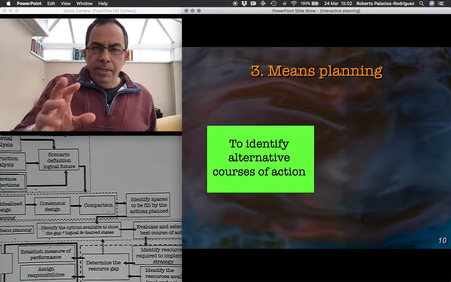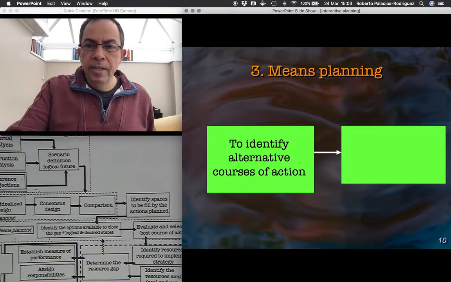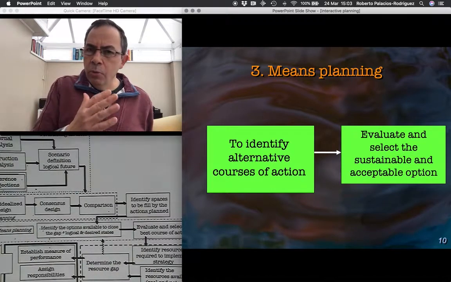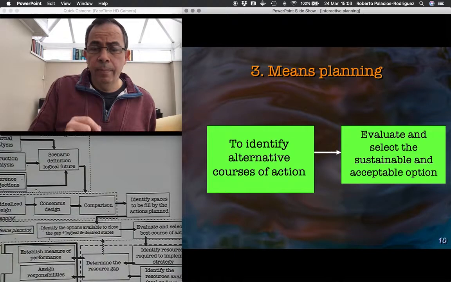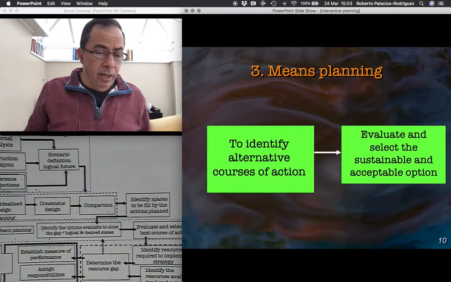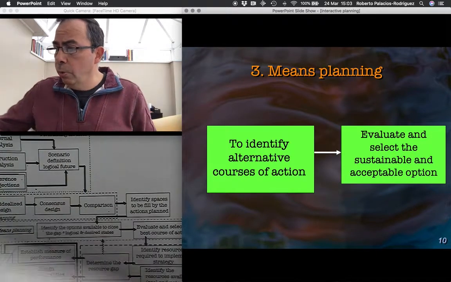Means planning is relatively simple. I don't think it requires too much explanation. It simply identifies the alternative courses of action. What options do you have in order to close the gap? What are the different routes that you got? What are the alternative routes that you can follow? And choose the one you think is most adequate.